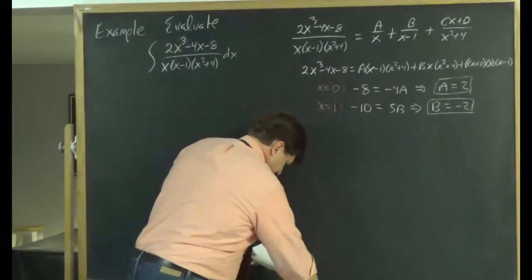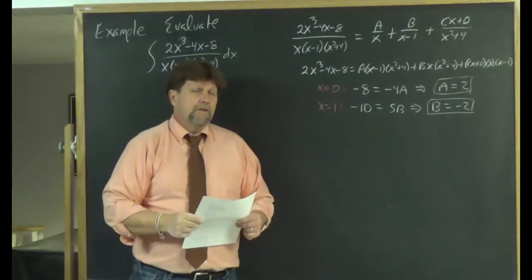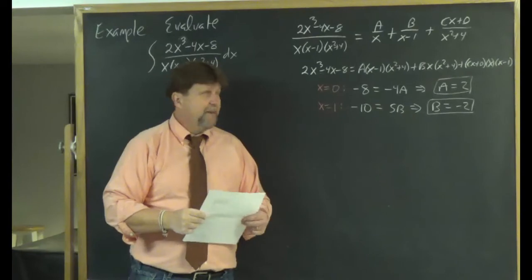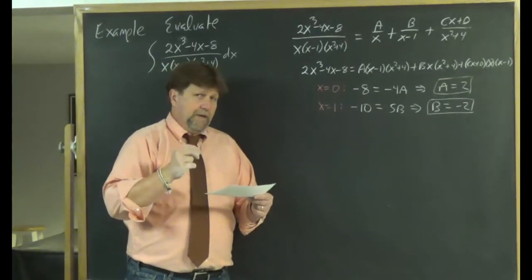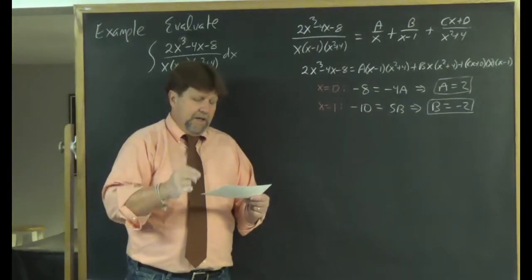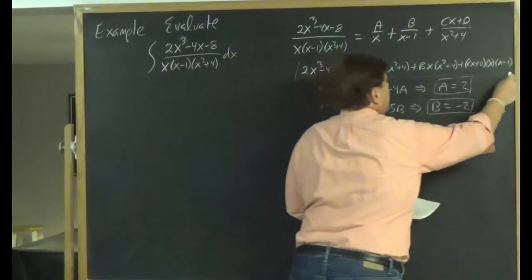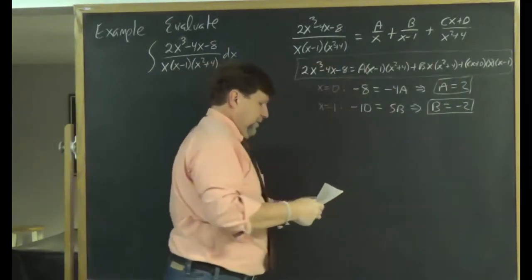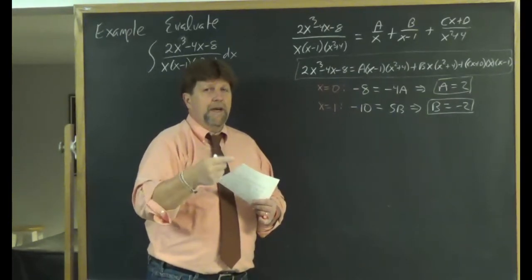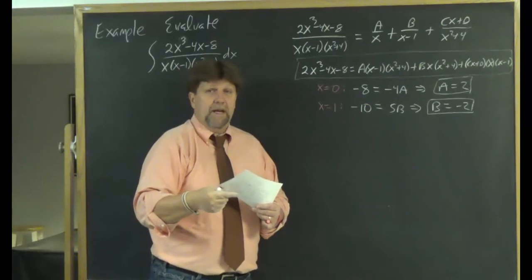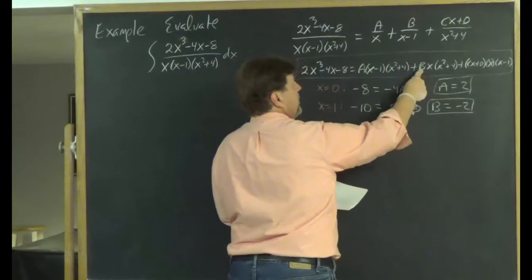But now we need to get c and d. There are no more convenient values to pick for x. We've exhausted all of our convenient values. So here's what I'm going to do in order to get c and d. I'm going to substitute in what we've determined a and b to be: 2 for a, negative 2 for b.